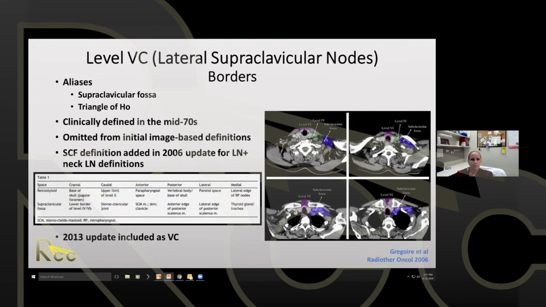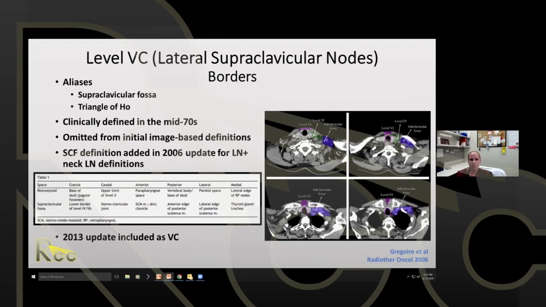Clinically, we had defined this in the mid-70s, and as we were evolving with our definitions of lymph node levels from surgically based anatomy to 2D imaging-based anatomy to 3D imaging-based anatomy, this definition was omitted from the initial definitions. It first showed up back in 2006 with the update for lymph node positive neck disease.